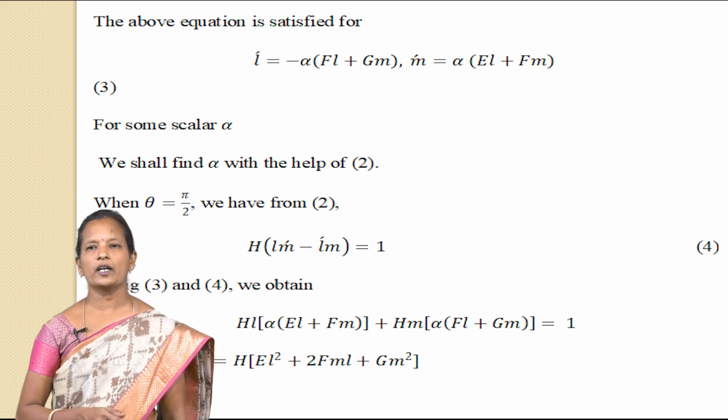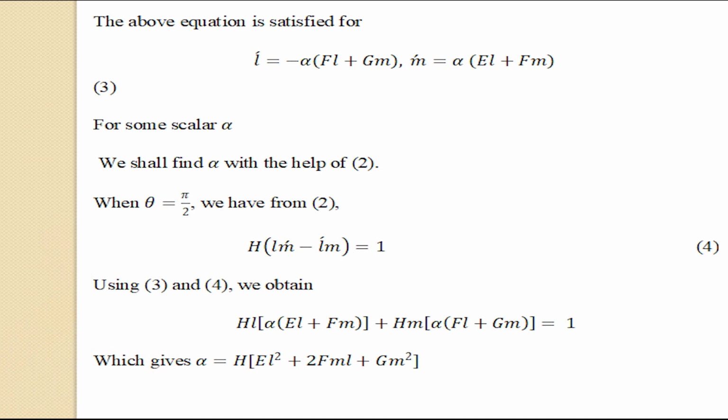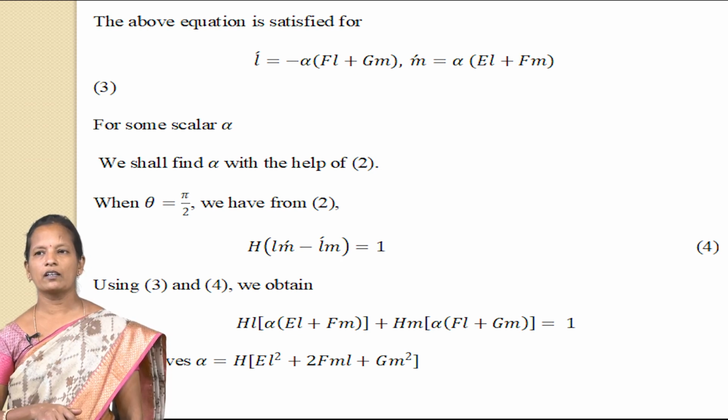When theta is equal to pi by 2, we have from equation number 2 the value of H into (L M dash minus L dash M) is equal to 1. That is equation number 4.